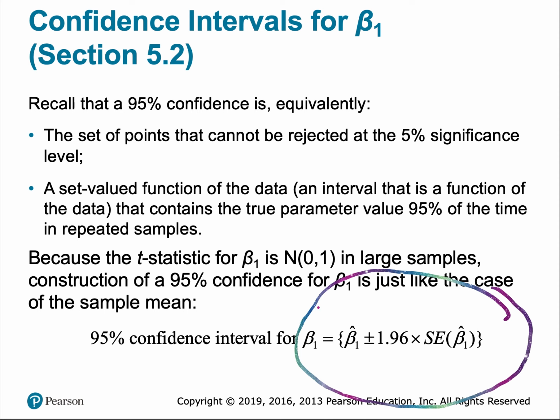So we believe beta 1 to be within this range of data, and if we hypothesize a value about beta 1 and it is outside this range of data, then we will reject that hypothesized value.